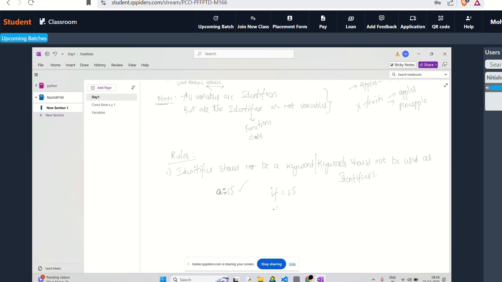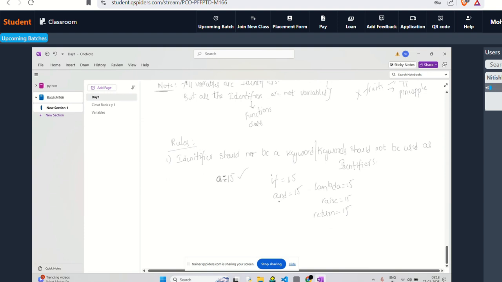Not only if, take any keywords. We cannot give keywords as a variable name.